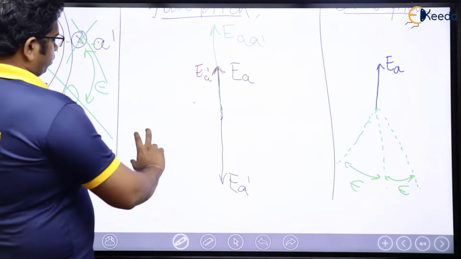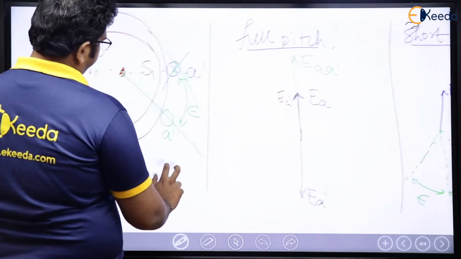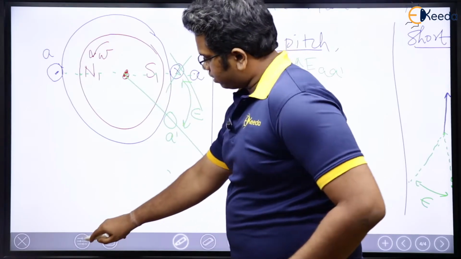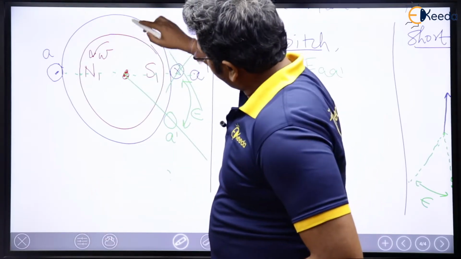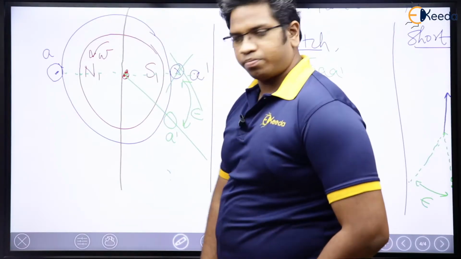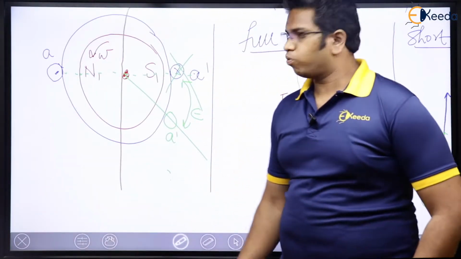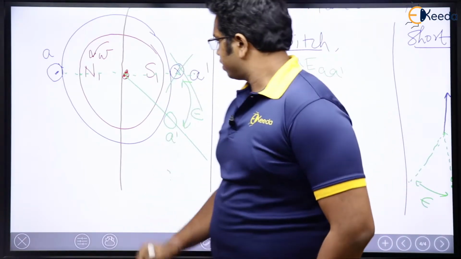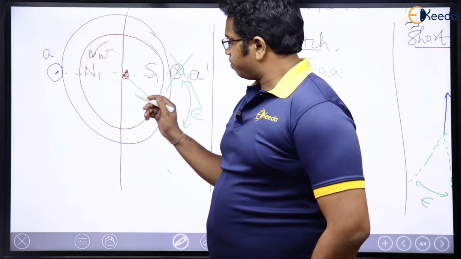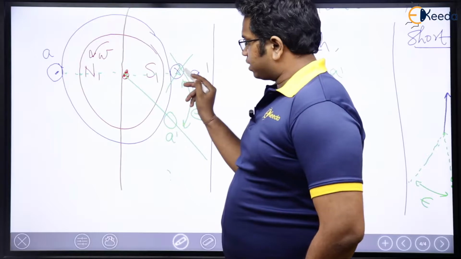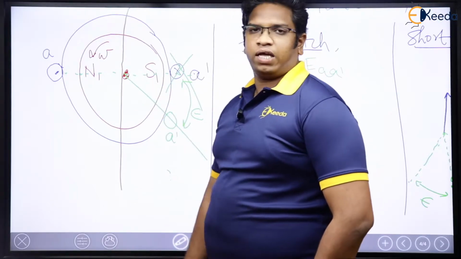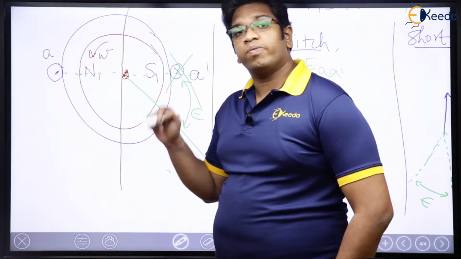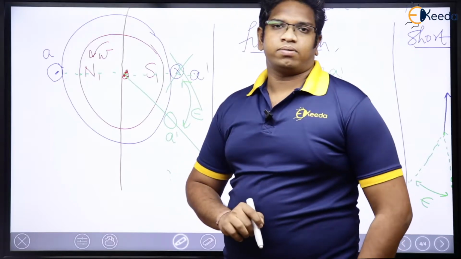If you just observe what is happening, this whole half part is under the north pole and this part is under the south pole. This is the south pole, which means A dash is not exactly in front of S1. So here there will be a negative induced EMF, but it will be less than maximum.